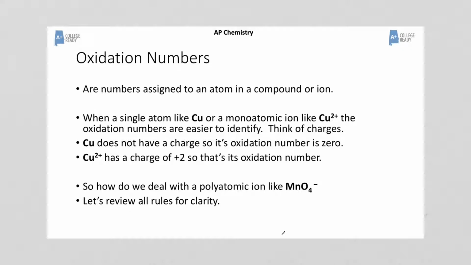So there's a little bit more detail we need to discuss, but as we saw earlier, single atoms that are solids, like copper or aluminum, are neutral. Their oxidation number we say is 0 because they don't have an overall charge. And if we have a single ion, the technical term being a monatomic ion, like Cu2+, whatever its ionic charge is, that is its oxidation number.